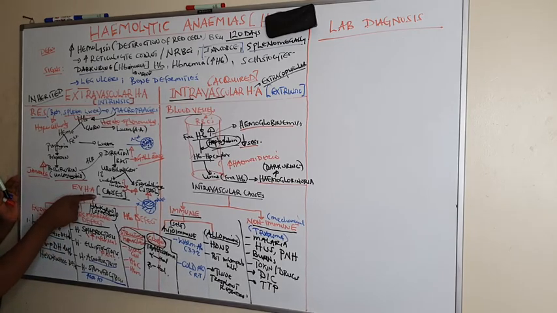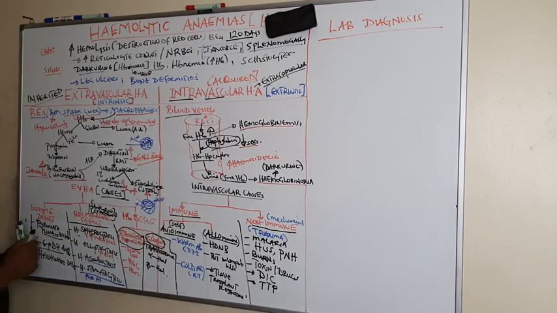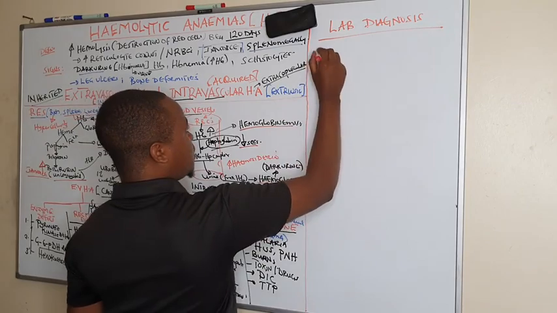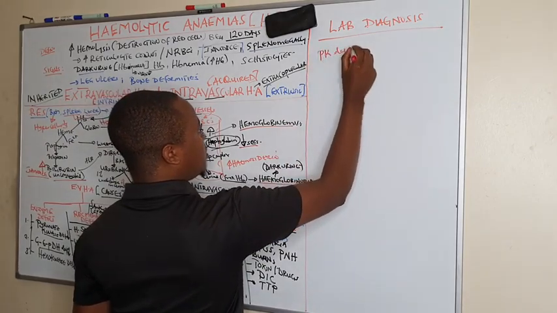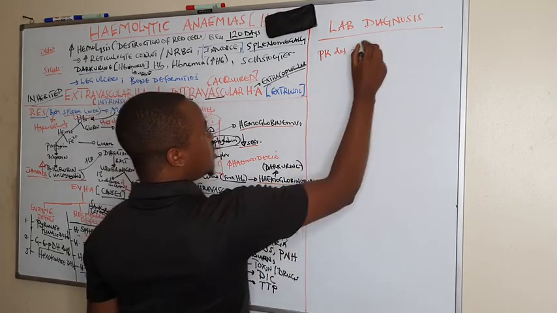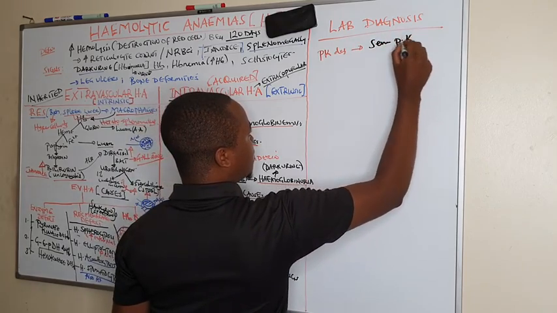If the cause is extravascular, we shall go down and look at, is it enzymopathy, is it red cell membrane defect, or is it Hb defect? So if the cause is pyruvate kinase deficiency, the lab diagnosis we can do is to determine serum pyruvate kinase enzyme.